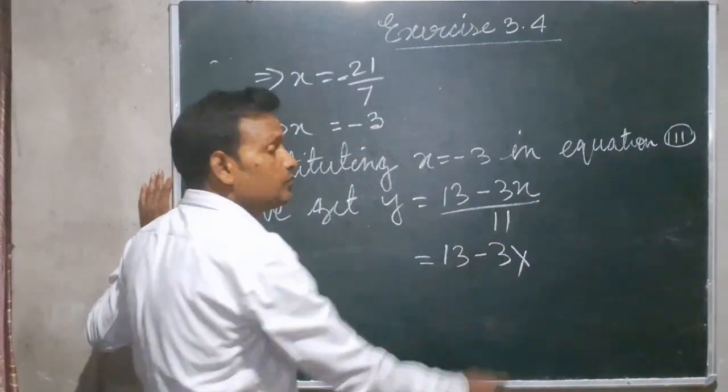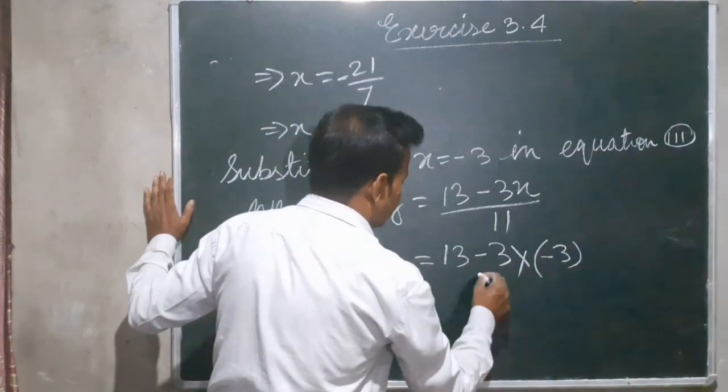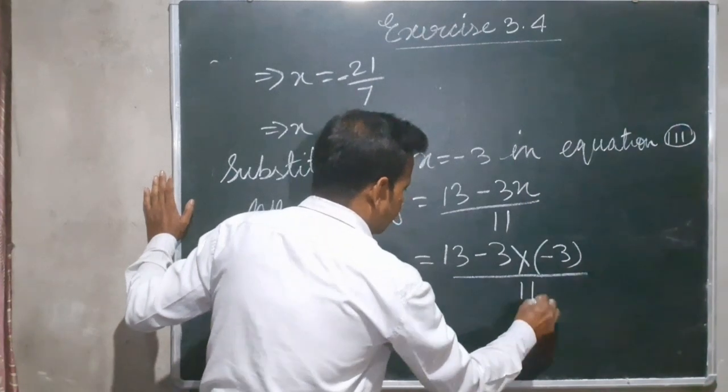Instead of this x, we have to write here minus 3, by 11.